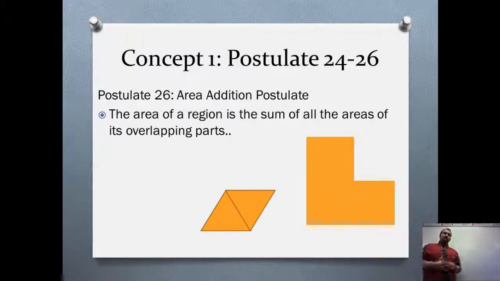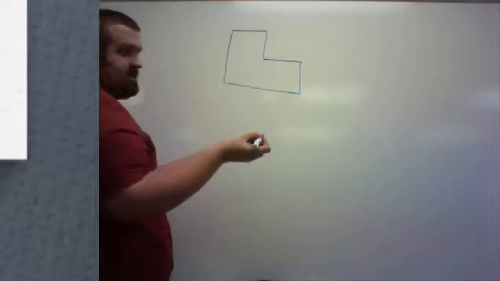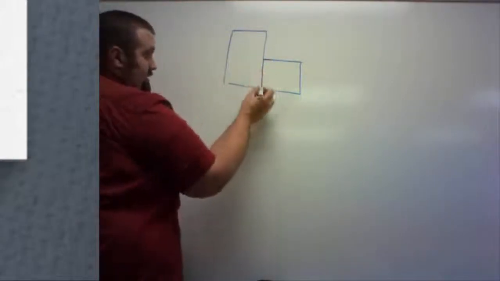The last postulate is the area addition postulate. Maybe I will be given a difficult region, like the one on the right here, that L shape, and I'm asked to find this area. Well, the way that we can do this is break it down into parts and then find the area of each of those parts. Depending on what I'm given, I could cut this into 2 rectangles.